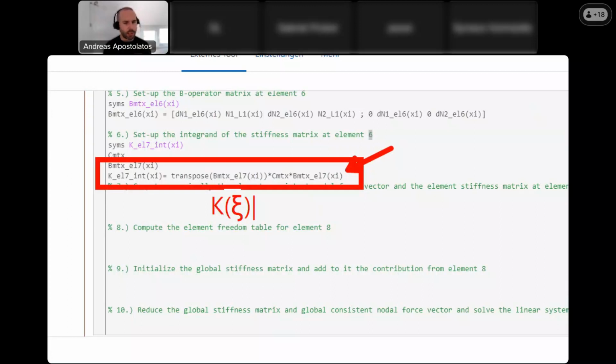Why is it? Because we need to integrate on the physical space, meaning in the X space, but the stiffness matrix here seems to be a function of Xi. What is the reason for that? Please don't be shy. Use the chat to answer the question.